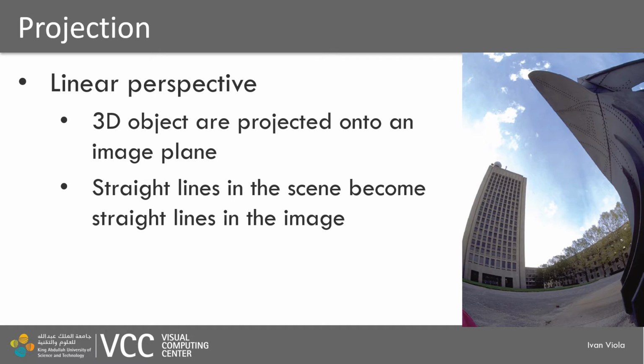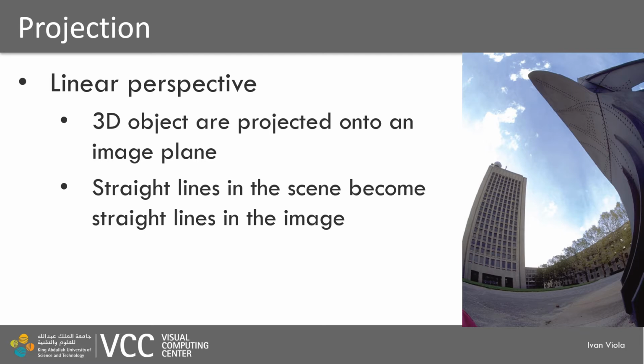So, for example, a fisheye lens will generate a distortion which will then violate the basic condition of a linear perspective.